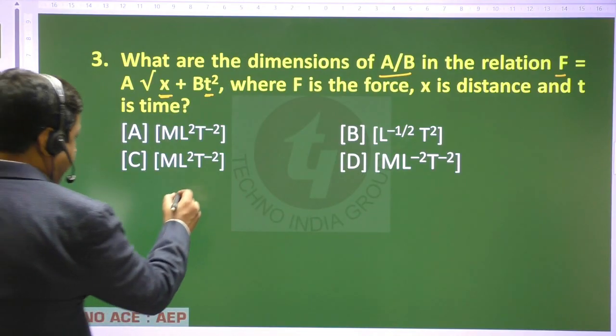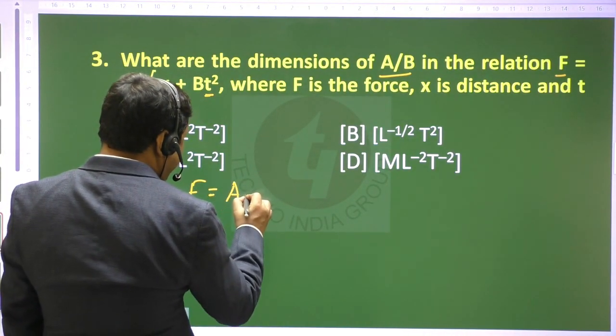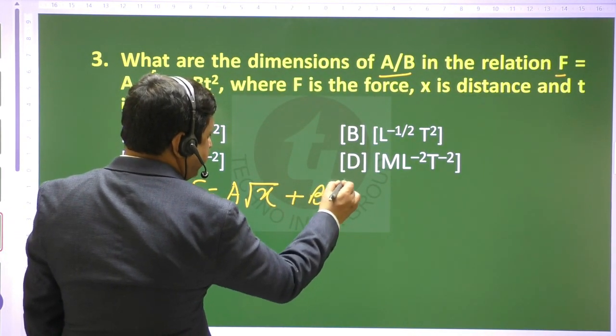So the equation is F equals A root x plus Bt square.